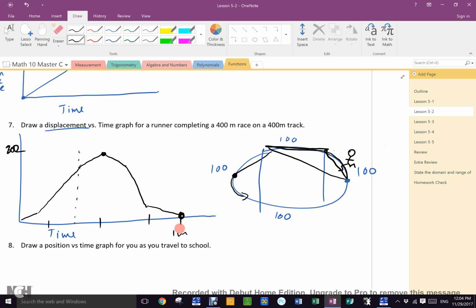Do I care if you remember the words scalar and vector? I do not care. But you need to be able to know which is which. Right? A scalar has only a magnitude, so it's only got a value. A vector has a value and a direction. So when I drive to Vancouver, Nick, on the highway, I'm going 120 kilometers an hour.